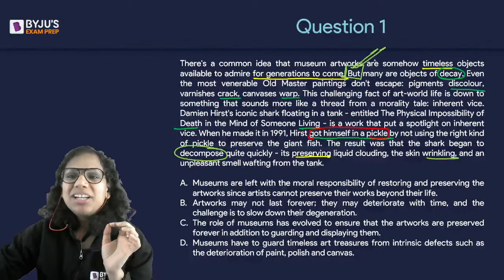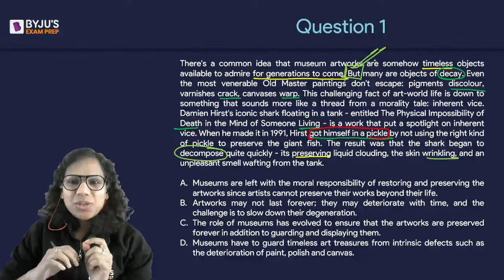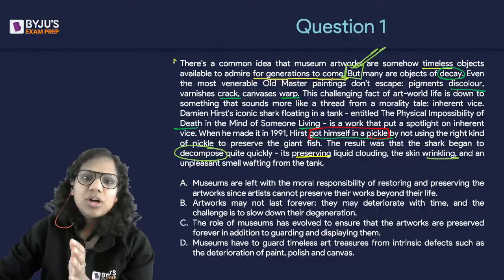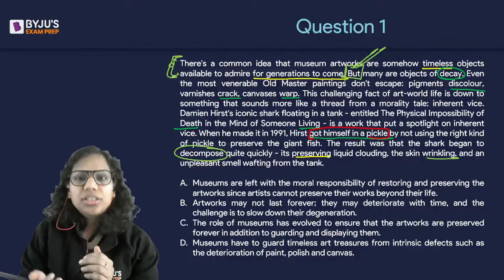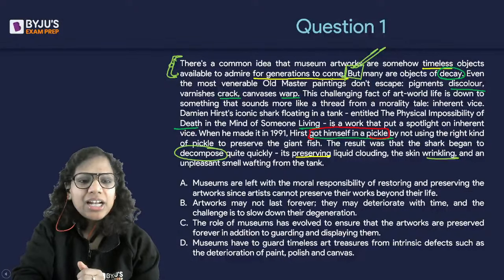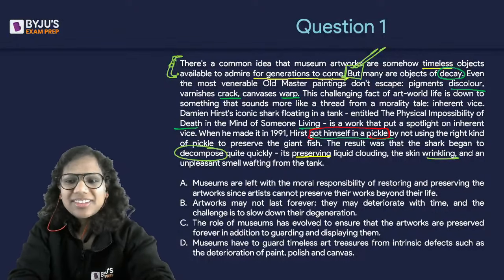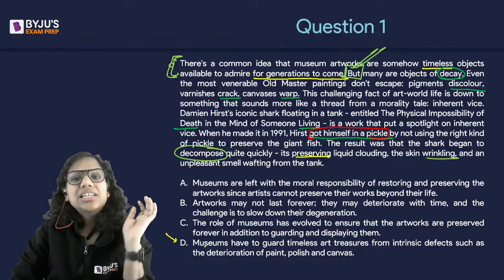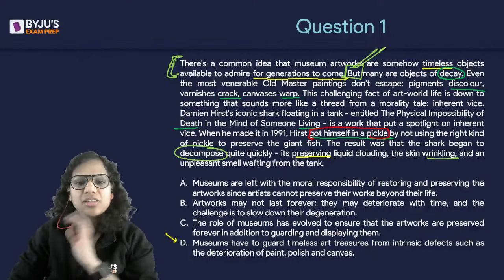A but is a very important word in language. You see that the author contradicts this idea throughout the paragraph, that no, they are not timeless, isn't it? So if this is the case, can D be the answer? So D was the easiest to eliminate in this para summary question.